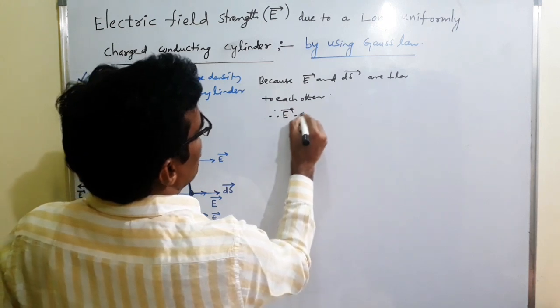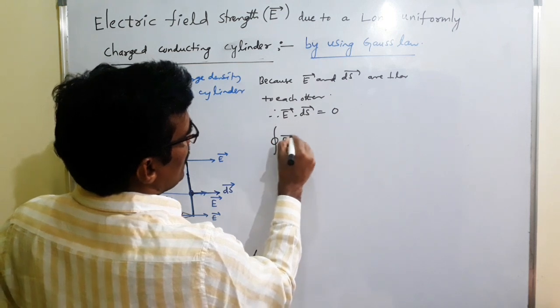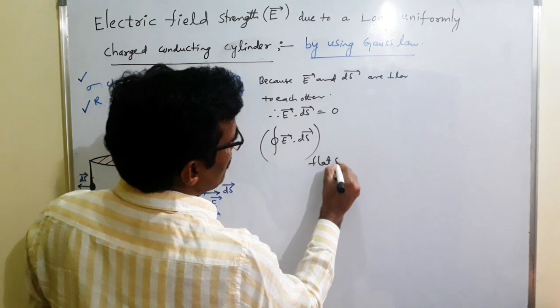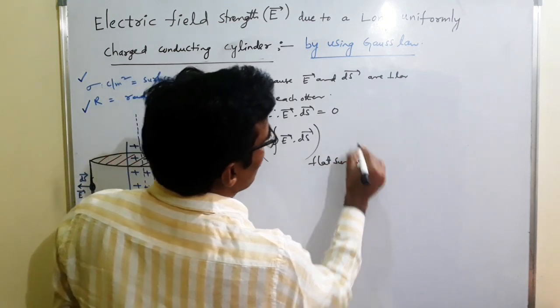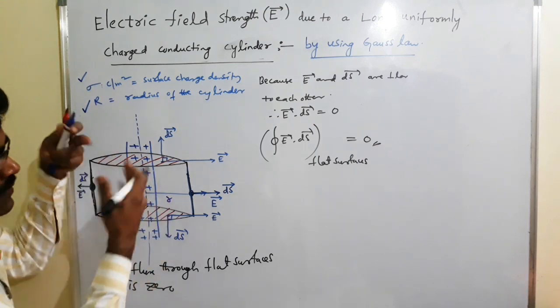Therefore E bar dot ds bar is equal to 0. Integration of E bar dot ds bar through flat surfaces is 0. Through flat surfaces flux is 0.